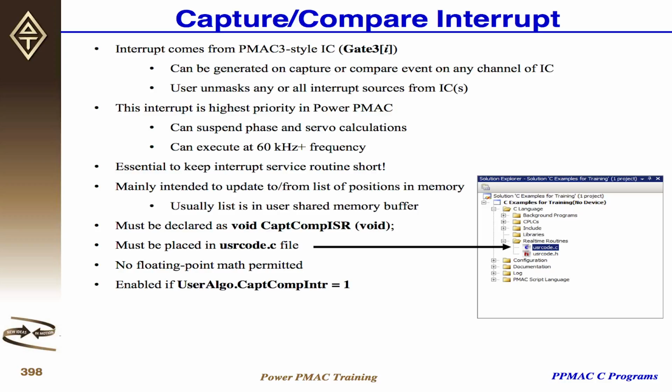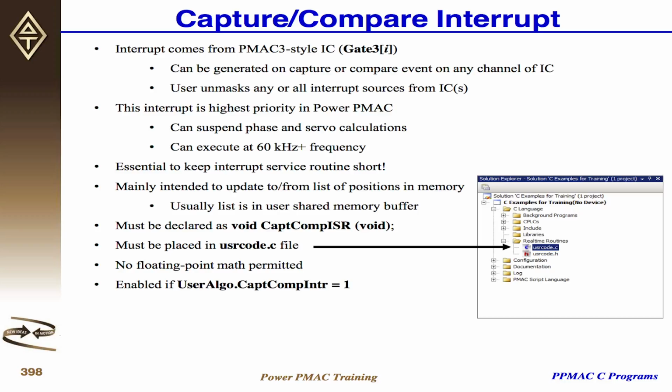And this can execute really fast, upwards of 60 kilohertz. You write the function inside usercode.c, and you have to declare it as a particular name. It's of type void. The name is capcomp ISR, and it receives a void. And then you enable the feature with useralgo.capcompinter equals 1.